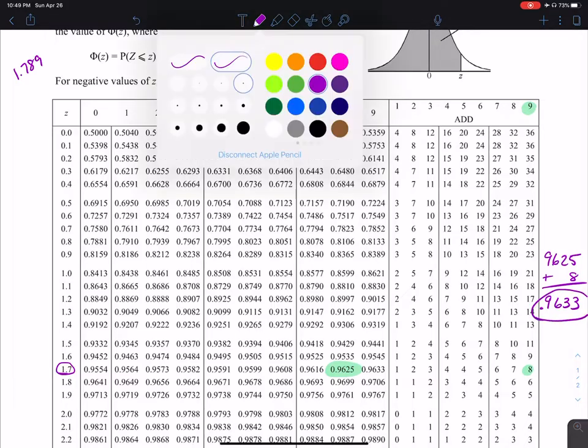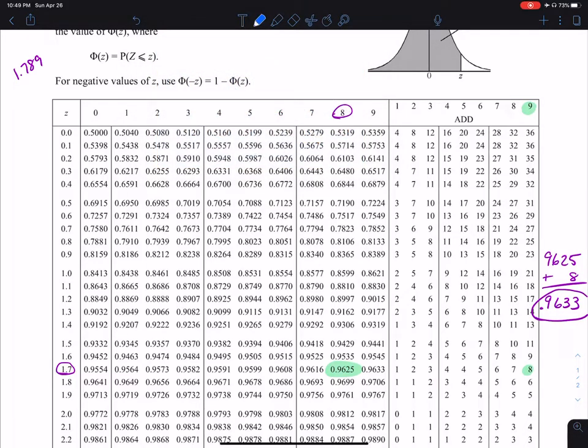Now the second one, I'll stay on this table. The second z-score was 1.342. So 1.3 is right here, and 1.34 is right there. We start with this value and add this 2, the second number there.